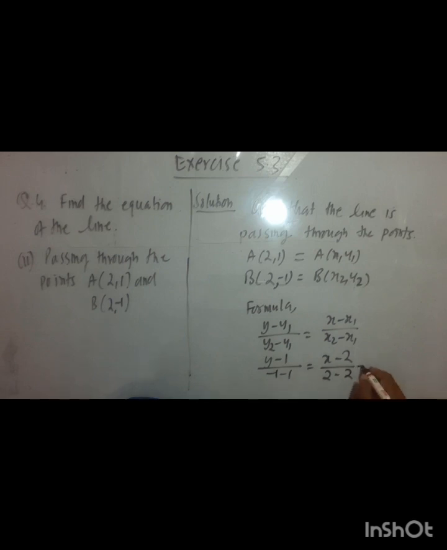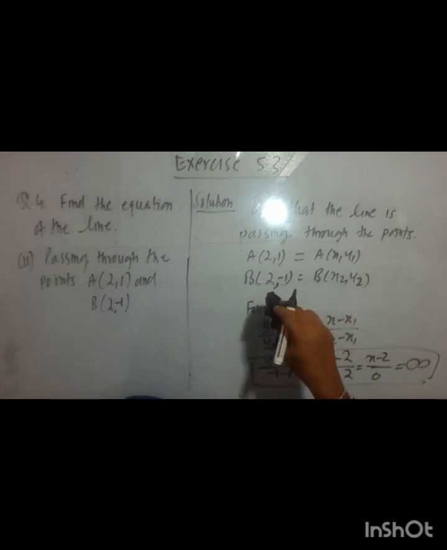See, here there is a problem, so x minus 2 upon 0, if the denominator is 0, that will tend to infinity. Okay, so that cannot be answered, so you cannot solve by this formula.